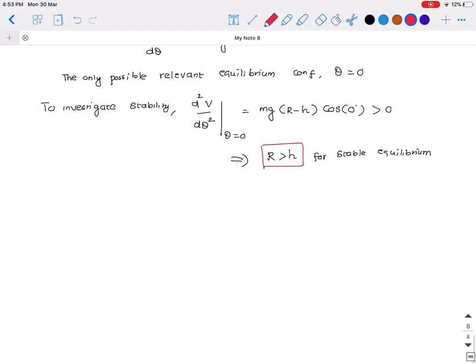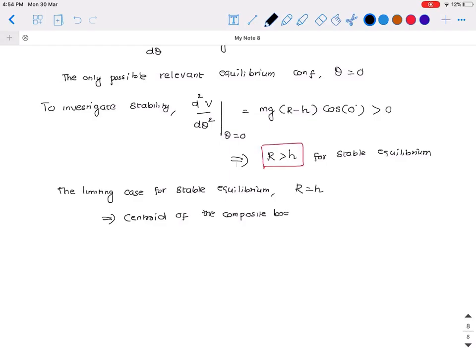Okay, all right, so that is the limiting case. So the limiting case for stable equilibrium is R equal to H. That is the limiting case. Okay, which means that the centroid of the composite body should be here.